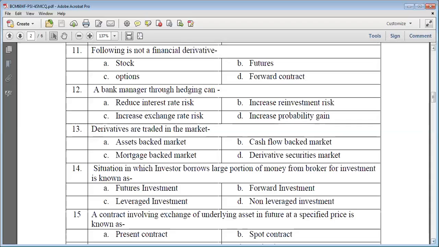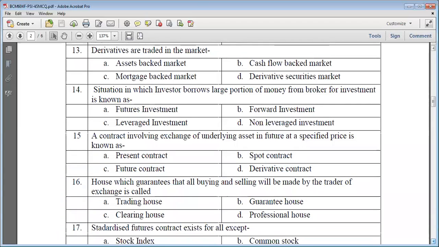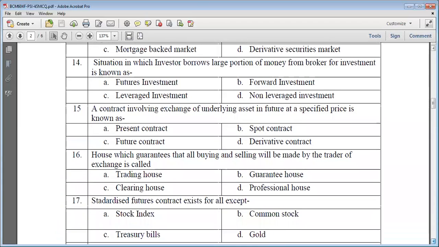Now we are moving to 15. A contract involving exchange of underlying assets in future at a specified price is known as present contract, future contract, spot contract, or derivative contract. The very definition of a derivative is an agreement between two parties to buy or sell some underlying asset at a future date.